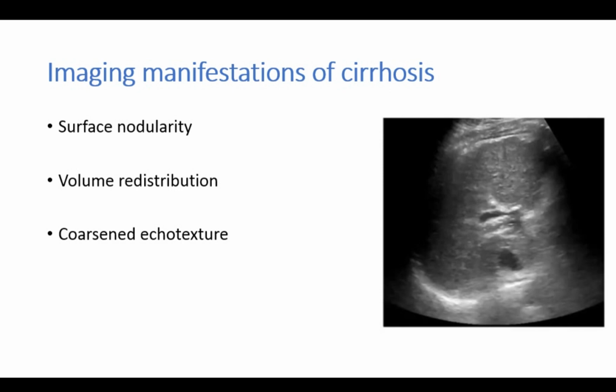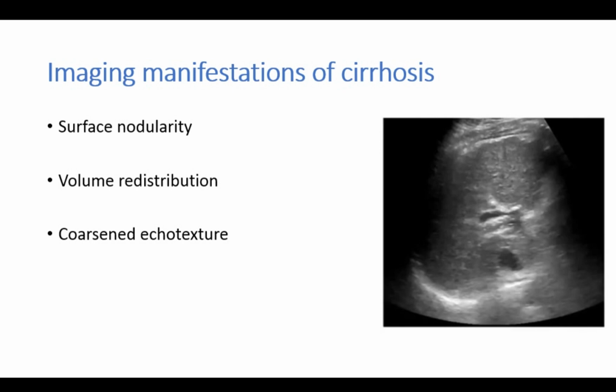Volume redistribution means that the size of the liver will change, for example, hypertrophy of the left lobe and caudate lobe, and atrophy of the right lobe. At first, the liver size is normal in the first stage of cirrhosis, but then it becomes enlarged, and eventually the size will shrink and become small.